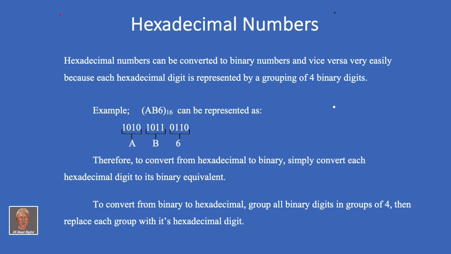Hexadecimal numbers can be converted to binary and vice versa very easily, because just like octal, hexadecimal numbers can be converted by grouping binary digits. In octal, you group 3 binary digits. In hexadecimal, you group 4 binary digits. For example, the number AB6, base 16: the 6 is 0, 1, 1, 0.